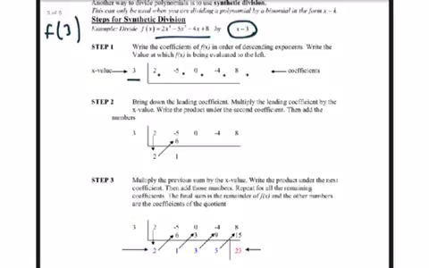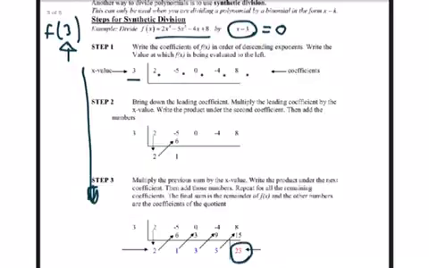So in order to know what we're synthetically substituting in, I need to set whatever I'm dividing by equal to 0 and solve for x. Whatever I'm left with at the end, just like in our last video, is our remainder.